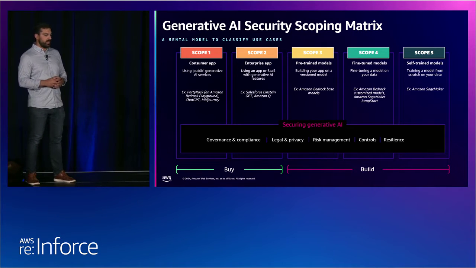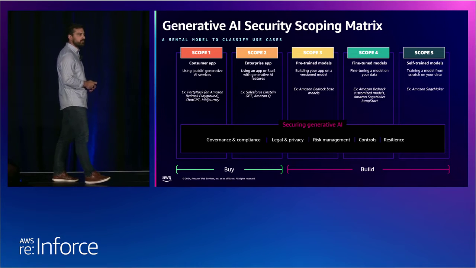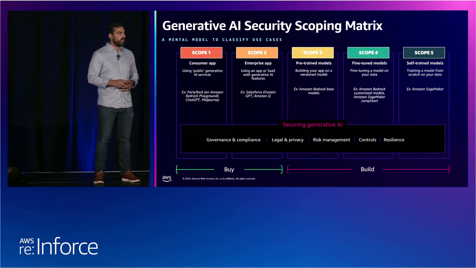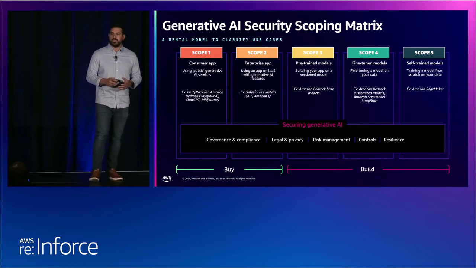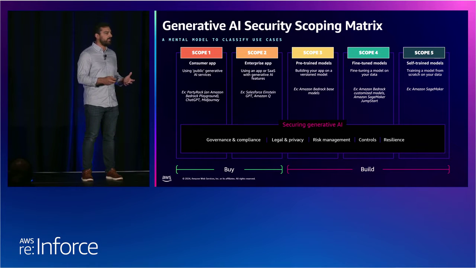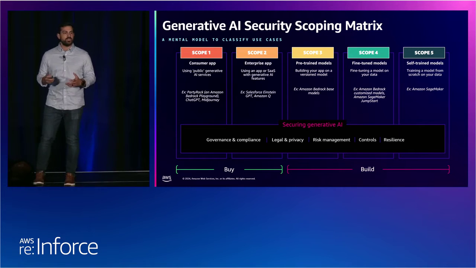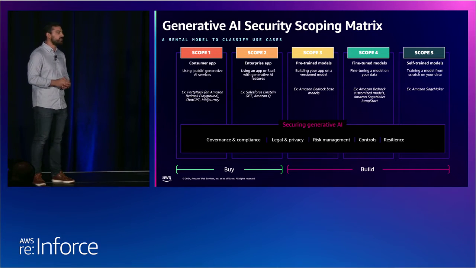So those security domains are governance and compliance, legal and privacy, risk management, controls, and resilience. And for the remainder of this presentation, we're going to go deep into each one of these scopes and domains to give you actionable advice on how you can implement the security scoping matrix within your organization and begin to have these detailed conversations with the development teams that you partner with.